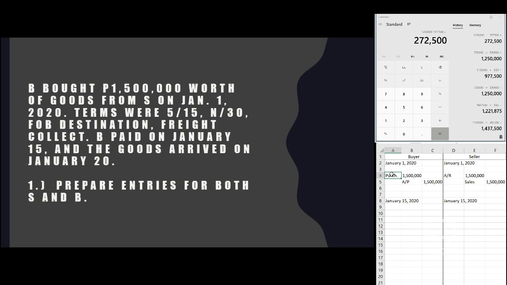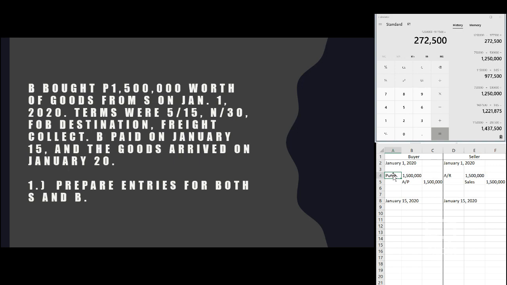Okay? Actually, parang meron palang mali dito. Balikan natin yung journal entry na ginawa natin. Sinabi dito na 1.5 nag-place ng order. Bumili ng 1.5. Pero FOB is shipping point, which means the goods will only be transferred to the buyer once it has arrived at its destination.